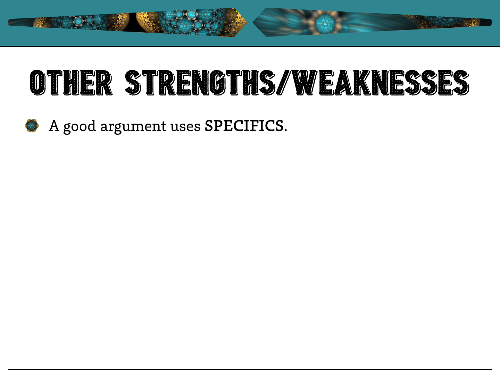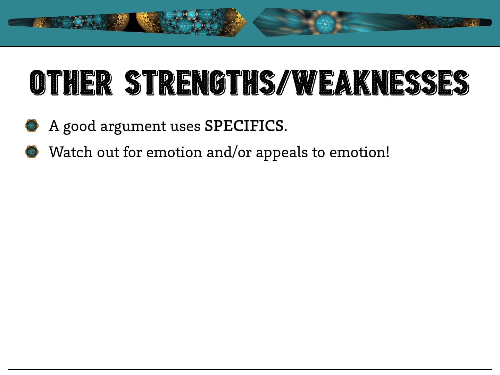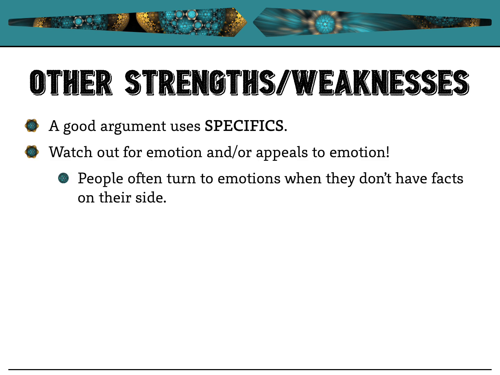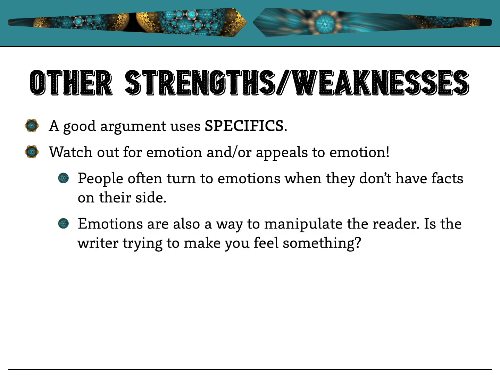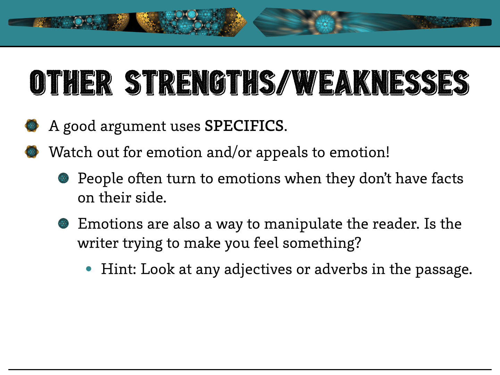As I said at the beginning of this video, watch out for emotion or appeals to emotion, because people often turn to emotions when they don't have the facts on their side. Emotions are also a way to manipulate the reader. So is the writer trying to make you feel something? How can you know that? Well, here's a little hint. Look at any adjectives or adverbs used in the passage, because those might give an indication. They might display an opinion or a bias.